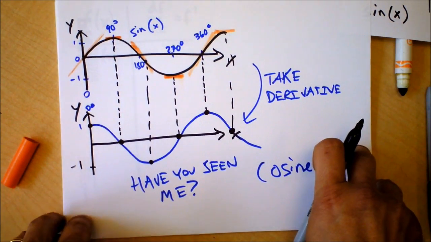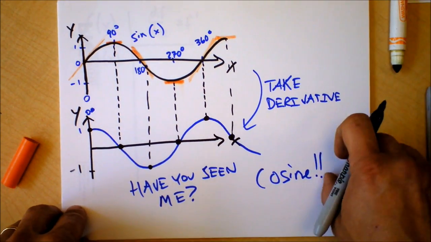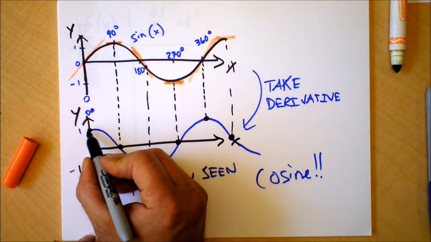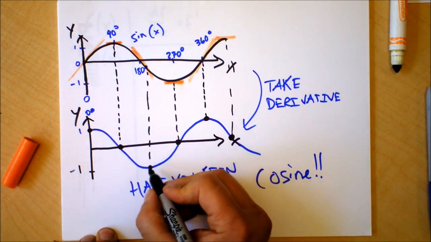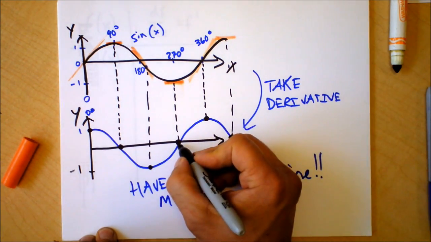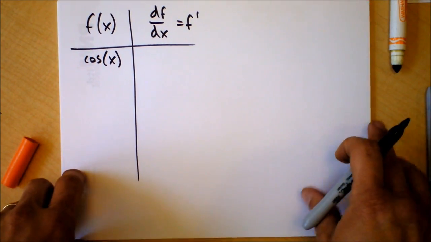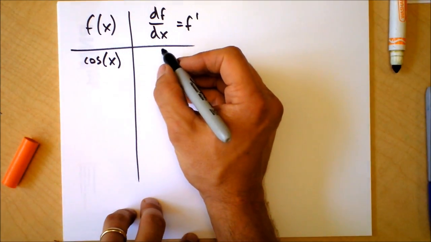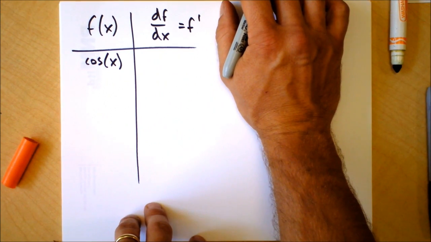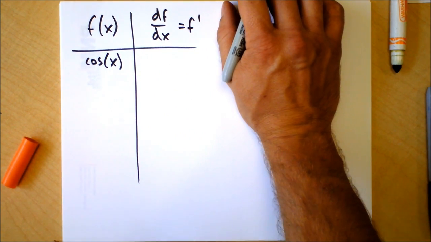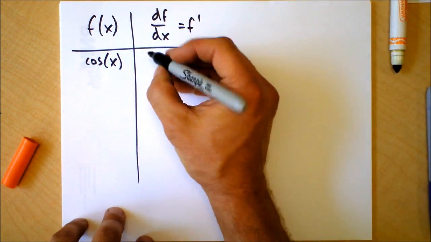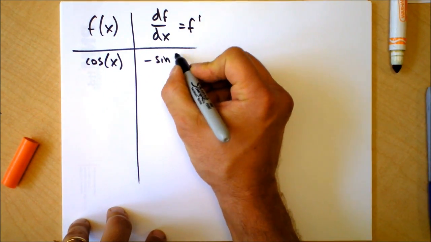If I have the cosine function, and I want to find its slope, it is 0, and then negative, and then 0, and then 1. It turns out that the derivative of the cosine function is very similar to the sine, but it's not actually the sine. The derivative of the cosine function is the negative sine.